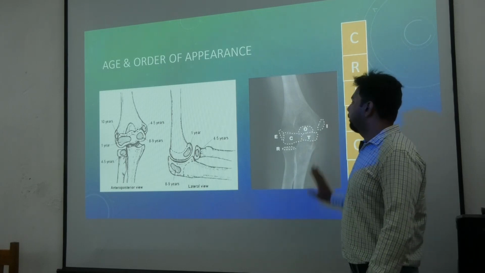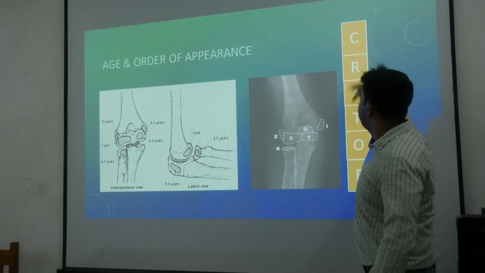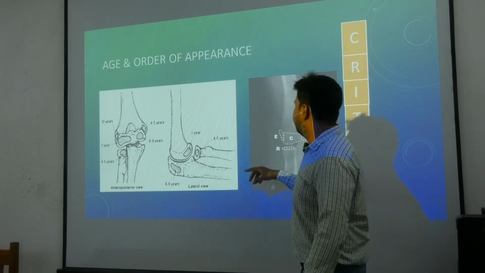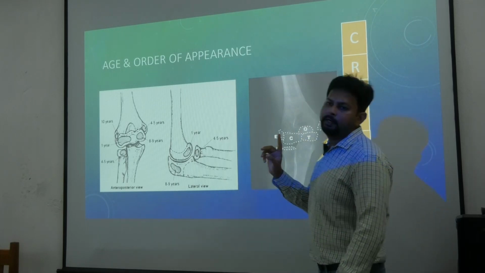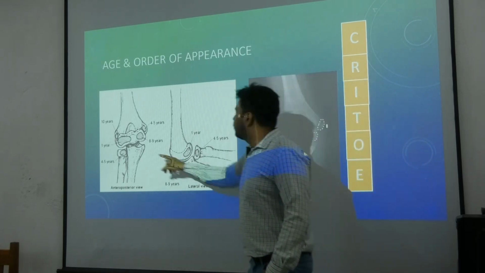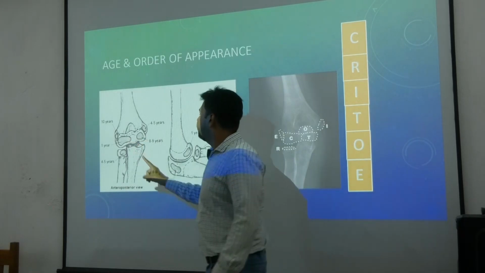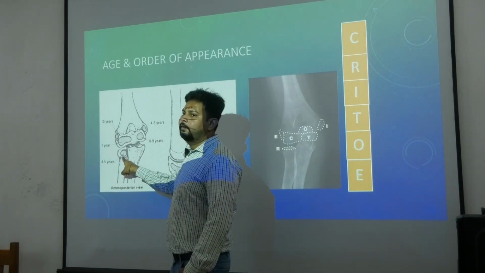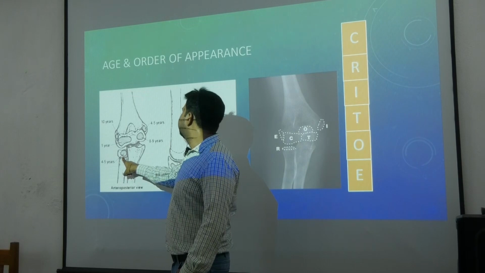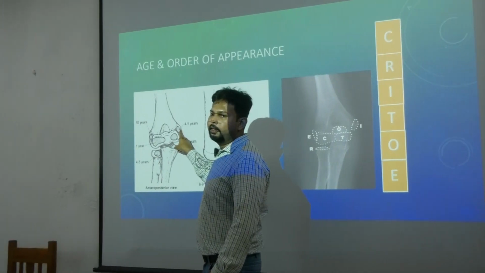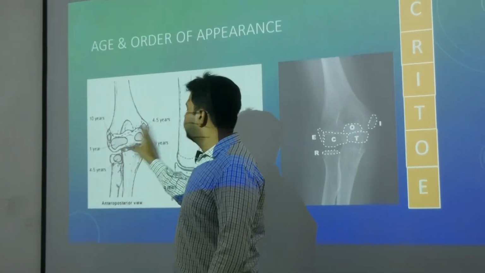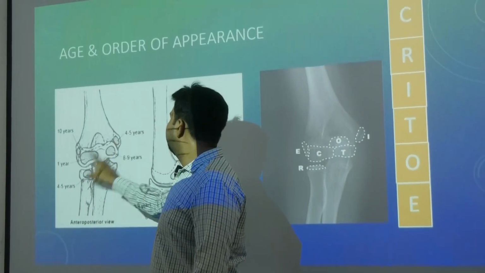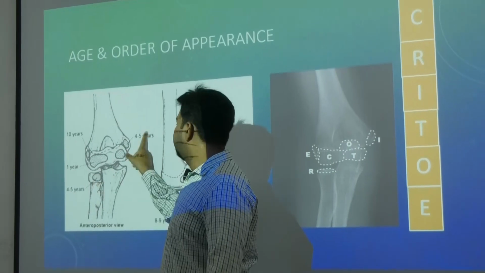Okay, fine. So see the age of appearance. First is C, capitulum. The capitulum appears at 1 year of age. Here it is. Then R is radial head, 4 to 5 years. Then the medial epicondyle, 4 to 5 years, almost similar. These values are almost similar.